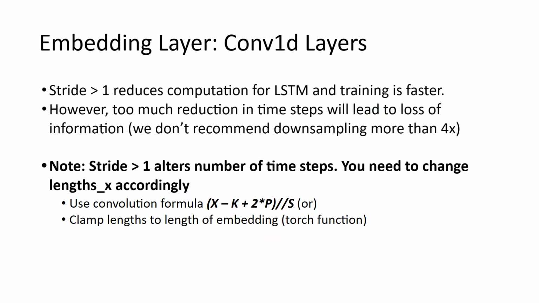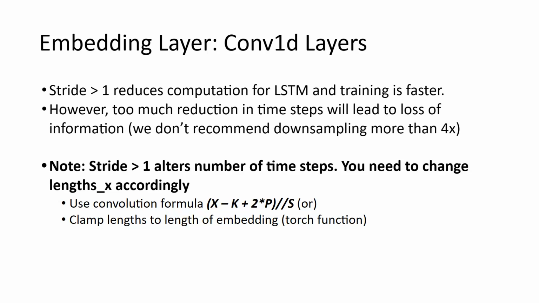Also, when you return something from the batch, you not only get the MFCCs and the labels, but also the lengths, because every sequence has an actual true length. So you get the lengths as well from the collate operation. What you have to do is that in case you are doing a strided convolution, you also need to change the length before passing it through the sequence models.